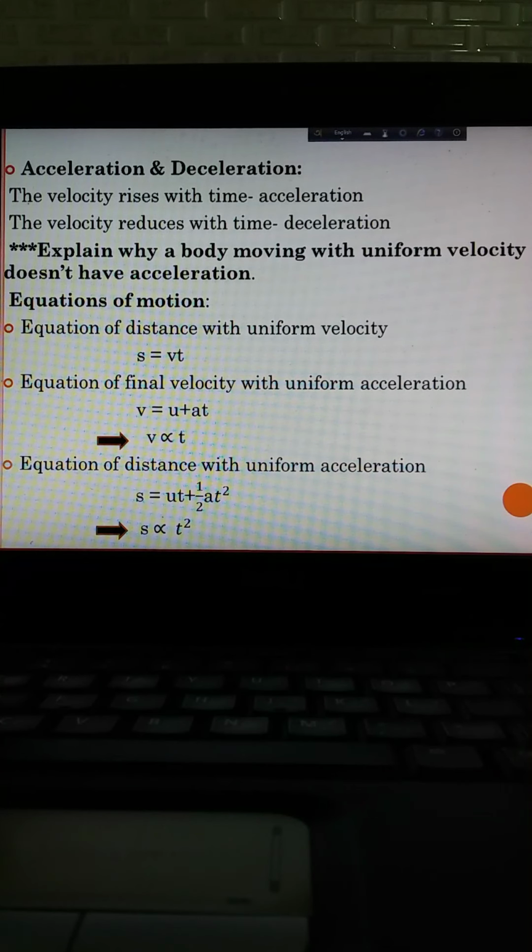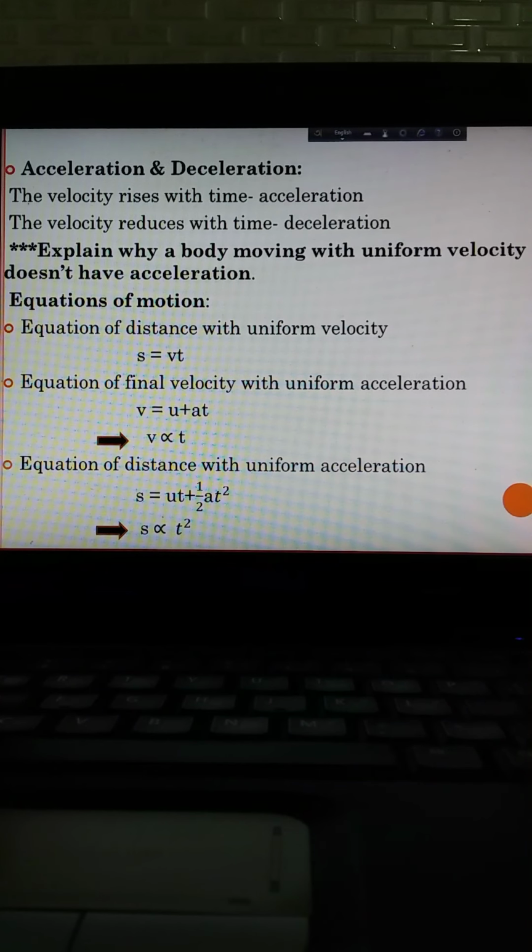This chapter, chapter 2, motion, is a very, very important chapter for any kind of exams, for school exams or board exams. So you must focus on all topics of this chapter, and you must practice the creative type questions as well.